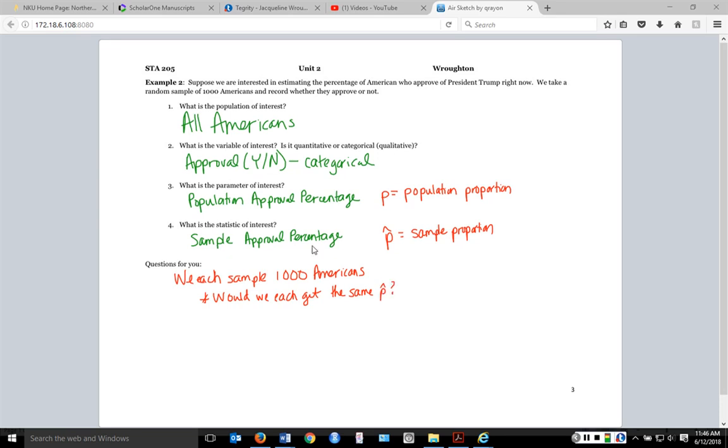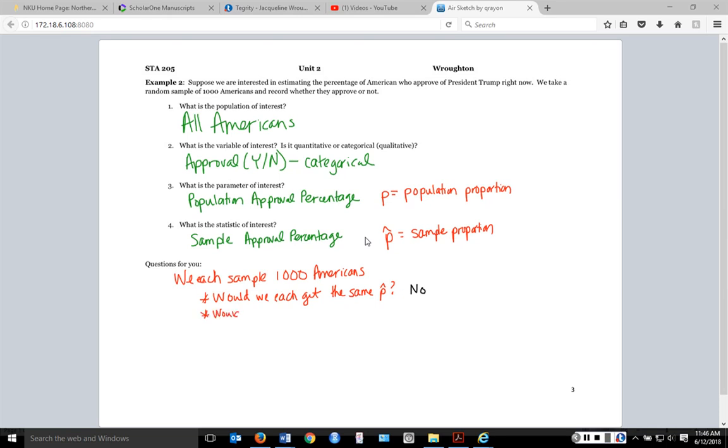So are we going to all get the same sample approval percentage? So if I were to find that 47% of my sample approved, would you find that 47% of your sample approved, or could you get different numbers? Right? We're all not going to get the same value for P hat. We could, but not very likely to happen because we're sampling different people.